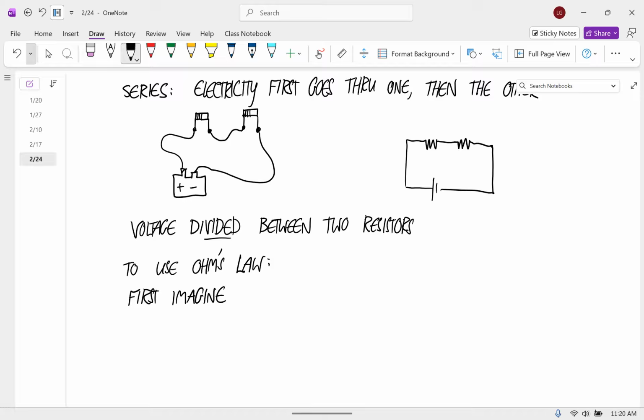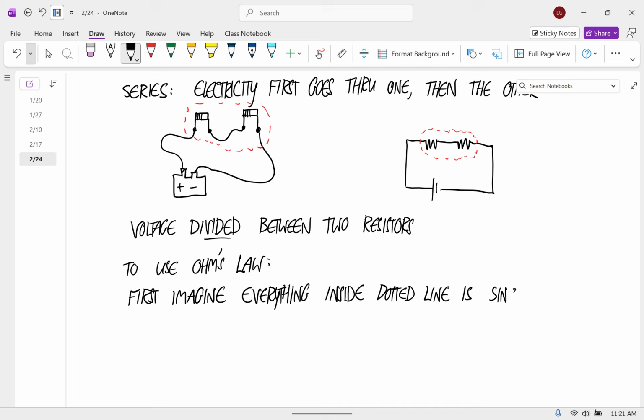Imagine what's in red here as a single resistor. Same thing here. So imagine that everything inside the dotted line is a single resistor.